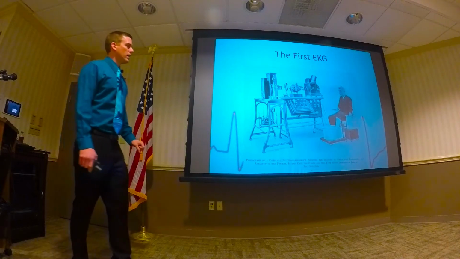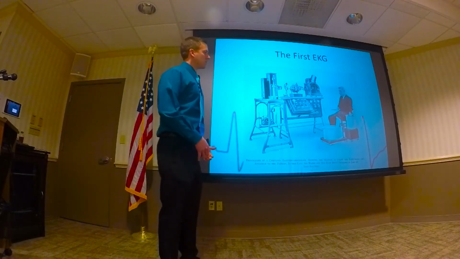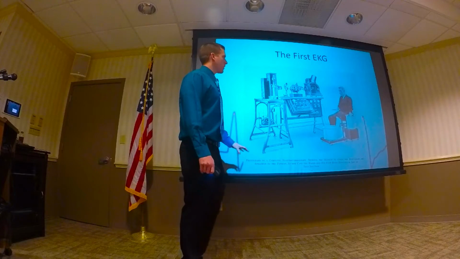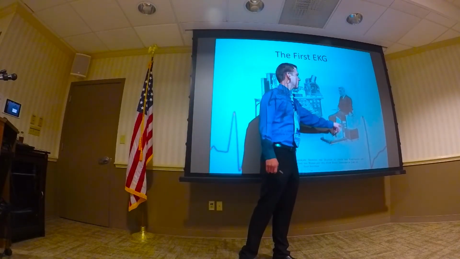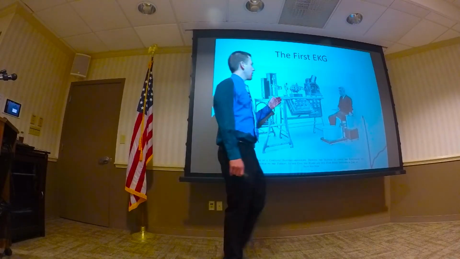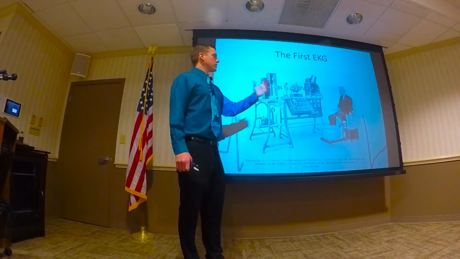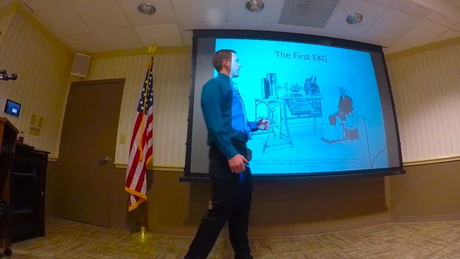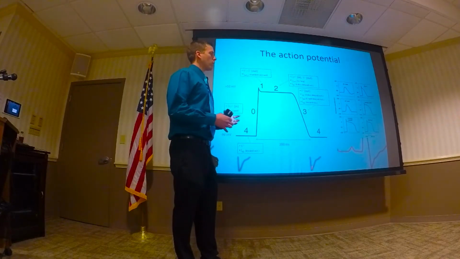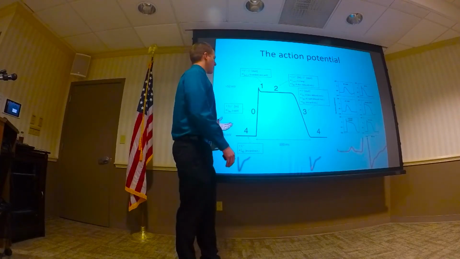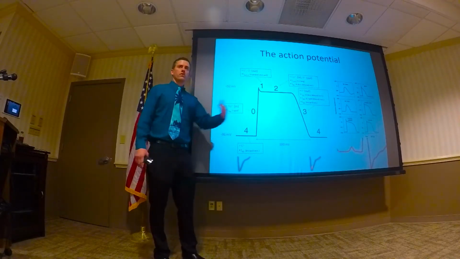Here's the first EKG. This is Einthoven, and just to take you back to the basics of it, I hope this is not too basic, he's got his leg in some saline solution, and he has both arms in saline solution. And what he's checking is the electrical difference between those things. And that is the basis for what we get now. When we talk about what produces this signal, we're talking about ions moving across membranes, right?